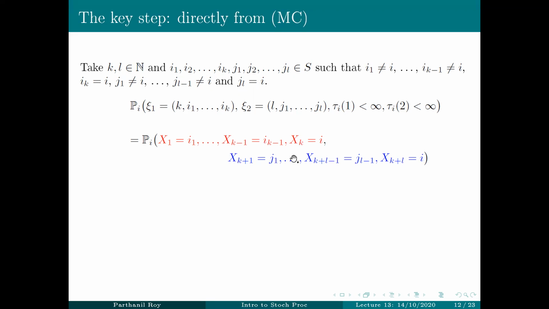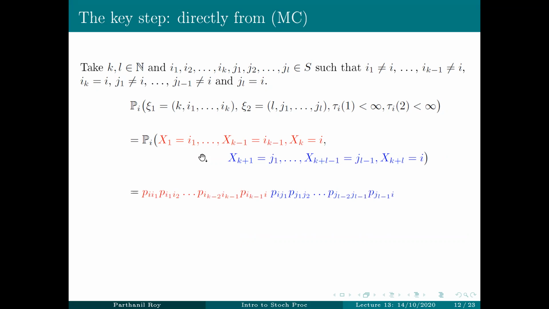Now I have color coded them, and there is a reason why. So this huge joint probability starting from i. Now let's use MC, which is the definition of a Markov chain. So this is the Markov chain starting from i, so the initial distribution is delta i, and the transition matrix P_ij.